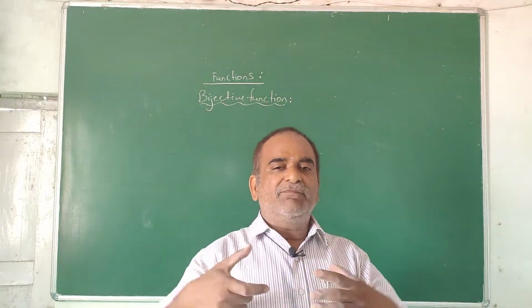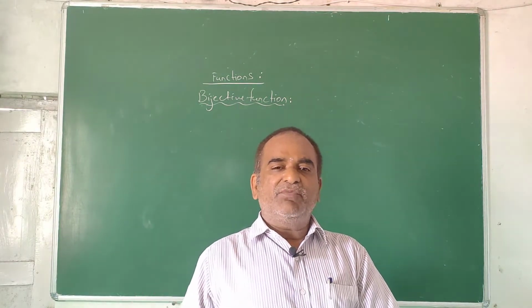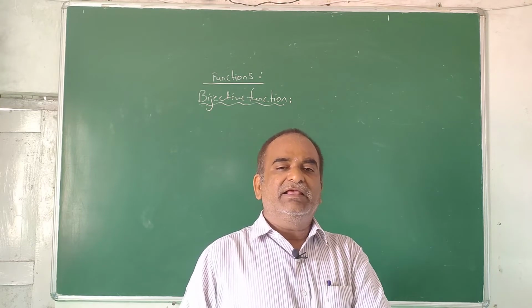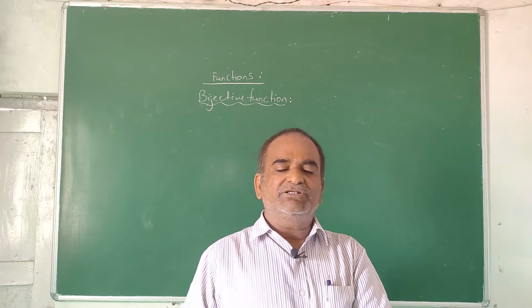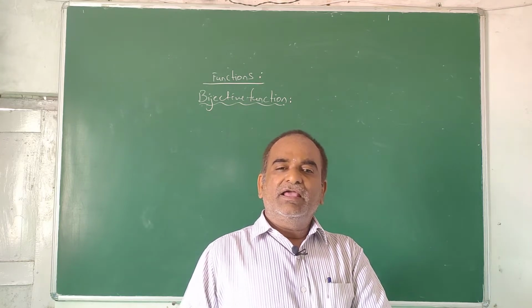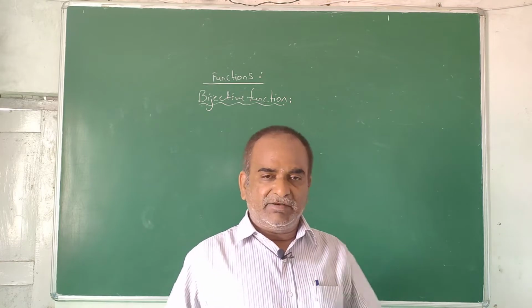So in a single function, if you are seeing both one-one and onto functions simultaneously, then it is called a bijective function. Bijective function plays an important role in the functions chapter.